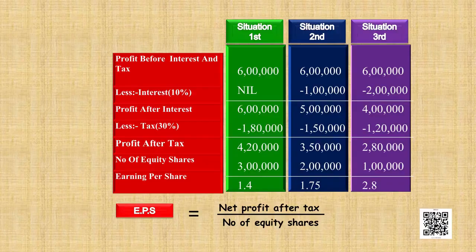This is because the interest was rupees 2 lakh, so we have saved 30% of 2 lakh, that is 60,000 rupees. Now, we have profit after tax. In the first situation, the profit after tax is 4,20,000. In the second situation, it is 3,50,000. And in the third situation, it is 2,80,000.